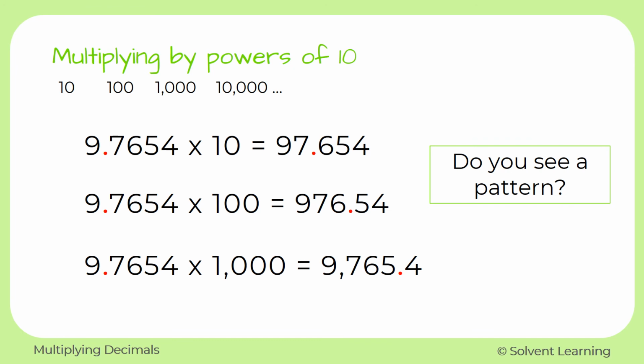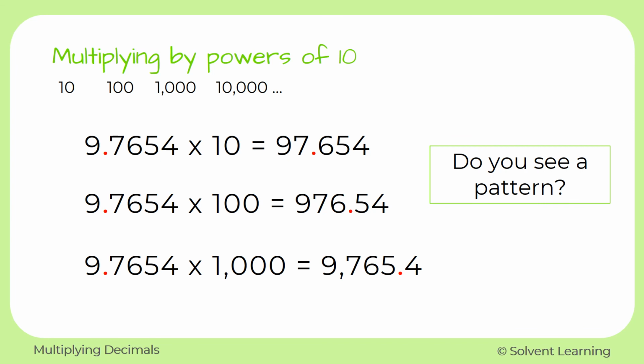Do you see the pattern here? The pattern is that the decimal point will move to the right when we multiply by a power of 10, and to figure out how many place values it will move, we can just count how many zeros are in the power of 10. For example, when we first multiplied by 10, 10 has just 1 zero in it.